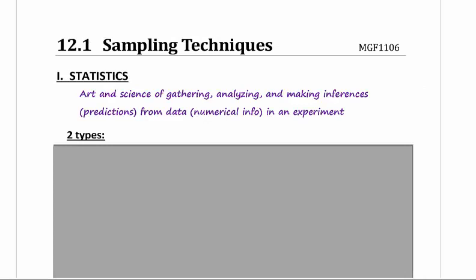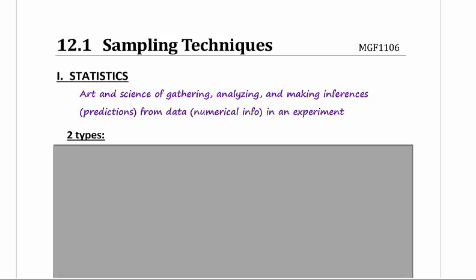So the pure definition of statistics is that it is both an art and a science of gathering, analyzing, and making inferences. Inferences are predictions from data, which is the numerical information, in an experiment.